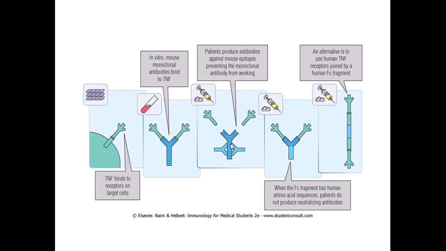So the more you use human components, the less likely an immune response against foreign proteins could develop, and the tumor necrosis factor blockage then takes place. The most important thing is to use human proteins rather than foreign proteins in the synthesis of these monoclonal antibodies, or any drugs that will take care of the tumor necrosis factor out of our bodies.